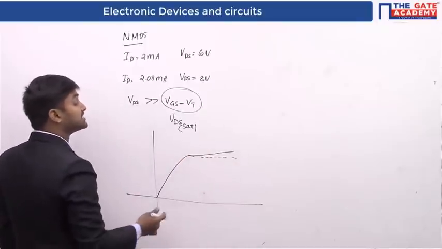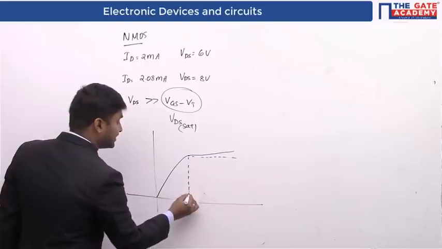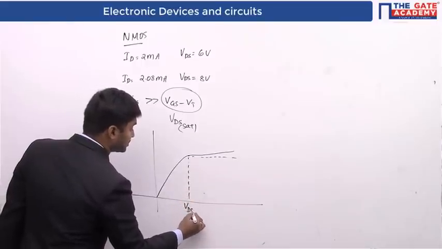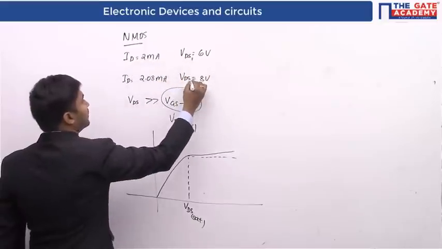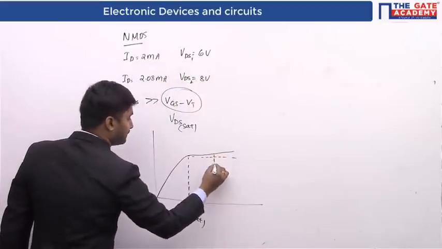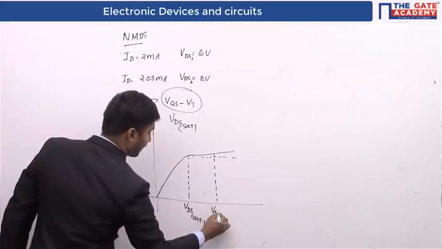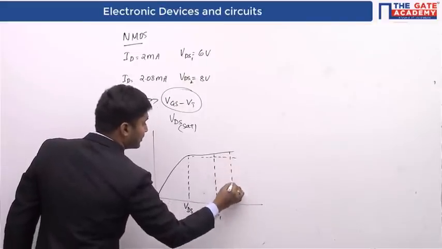So we have extended ourselves more into the saturation region. This is VDS sat, but we are talking about VDS1 and VDS2. VDS1 is somewhere here, and VDS2 is somewhere here.